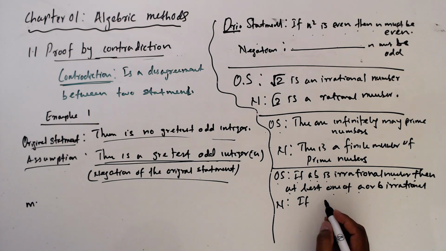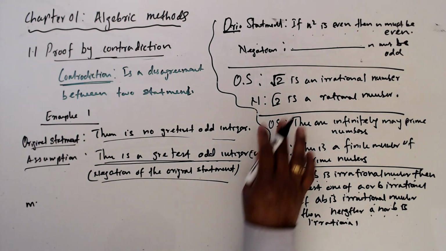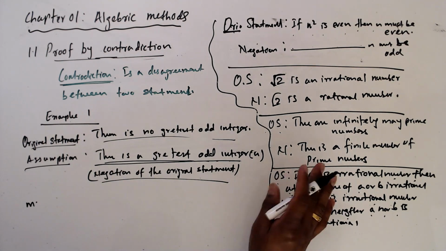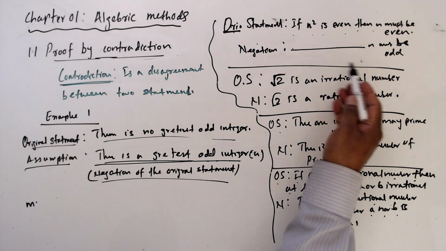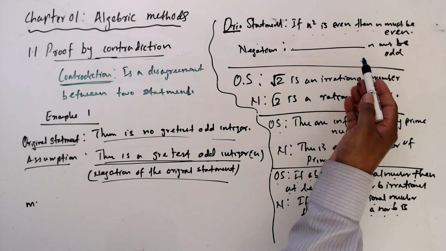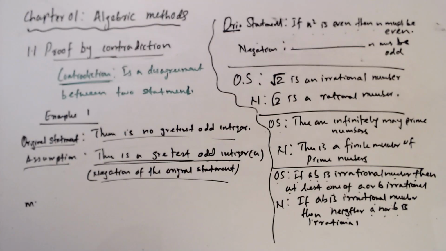If AB is an irrational number, then neither A nor B is irrational. Now I believe you have an idea about the negation: a statement mentioning that the original statement is false.